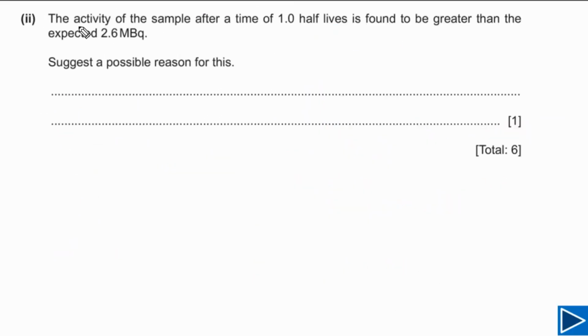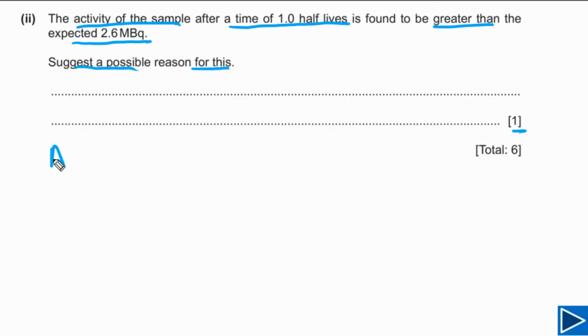For second part, it is given to us the activity of the sample after a time of 1/2 lives is found to be greater than the expected 2.6 mega BQ. Suggest a possible reason for this, and this question has only 1 mark. First of all, let's try to understand what question is telling us.